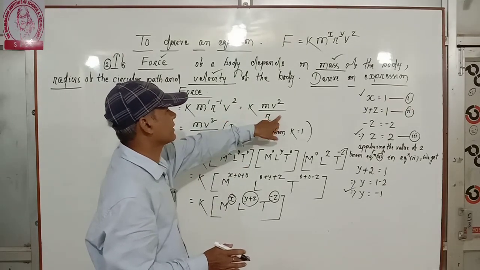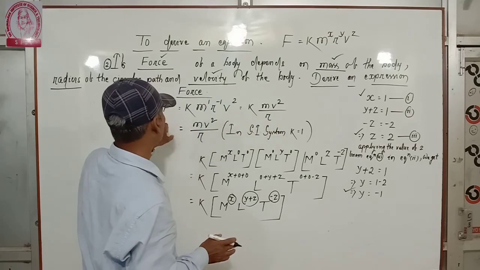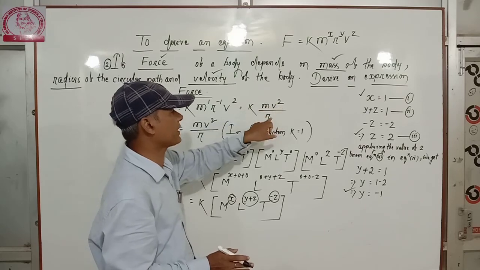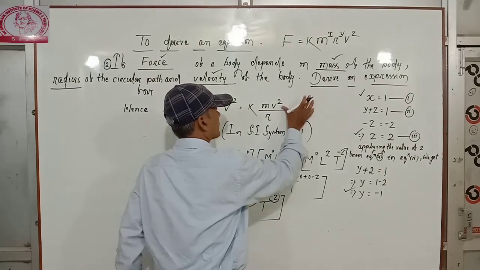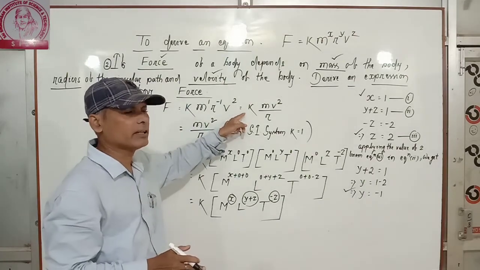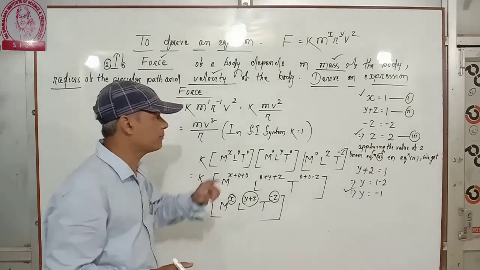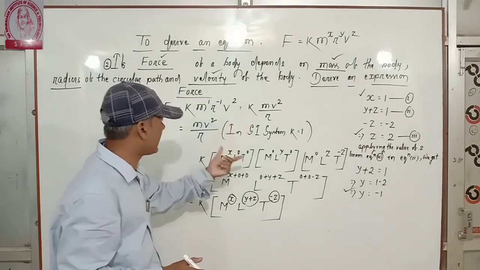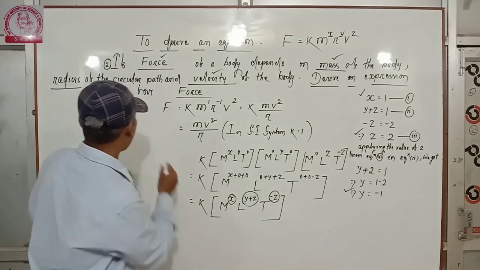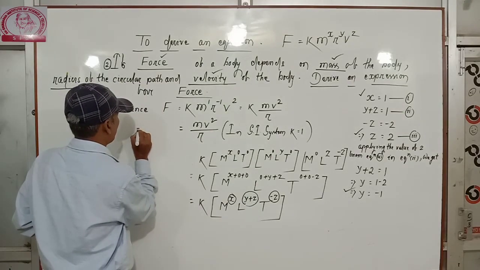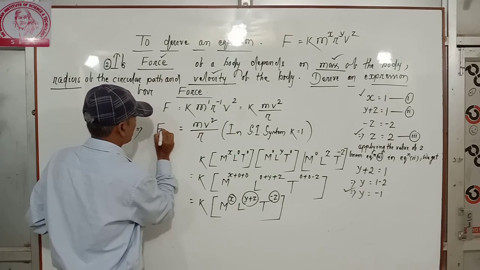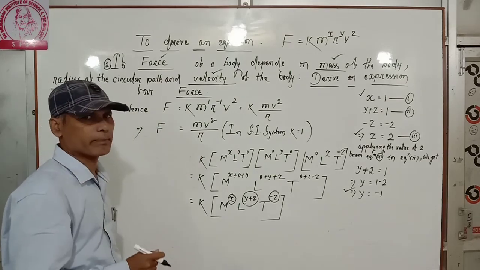You just stop here. F is equal to K m v square by r. If you know the value of proportionality constant, then you just write in SI system K is equal to 1, hence F is equal to m v square by r.